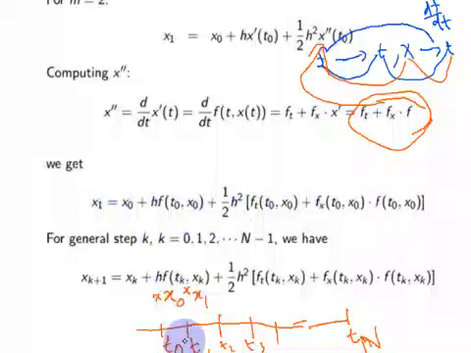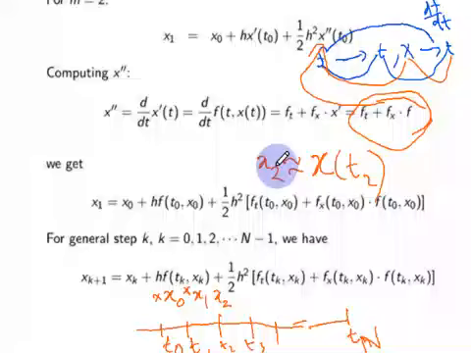Using this, you can find x2. This is an approximation value. So x2 is an approximation value of x of t2, right? And we keep going like this.